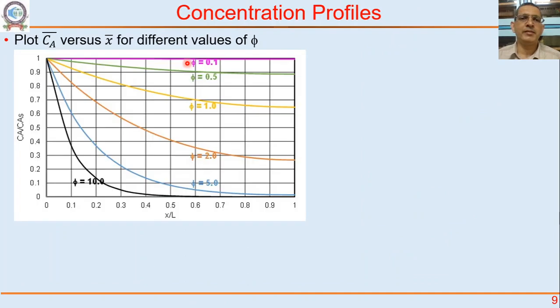As phi increases, you will find that the curve shifts, and for phi far greater than 1, Ca bar is practically 0 all the time. Ca quickly gets depleted because diffusion is slow, reaction is fast. Whatever is diffusing is quickly reacted, so Ca becomes 0 very quickly. If you take phi equal to 20, phi equal to 30, it will become like this.